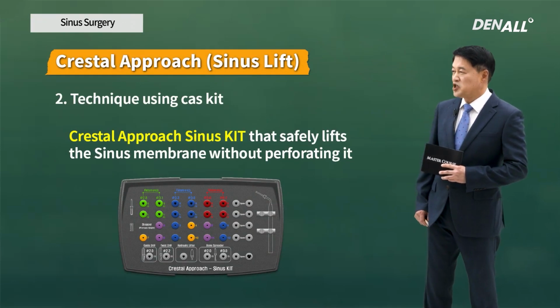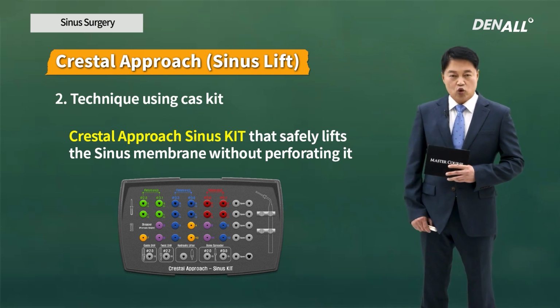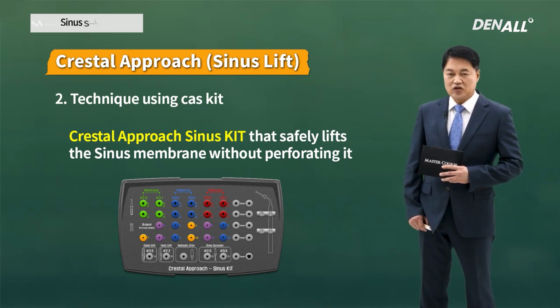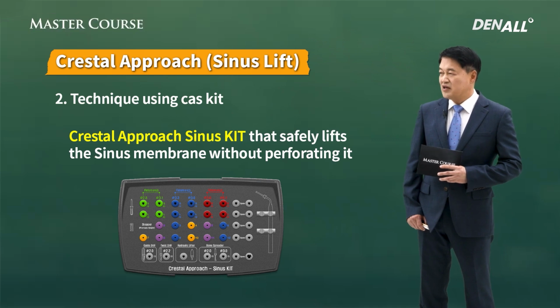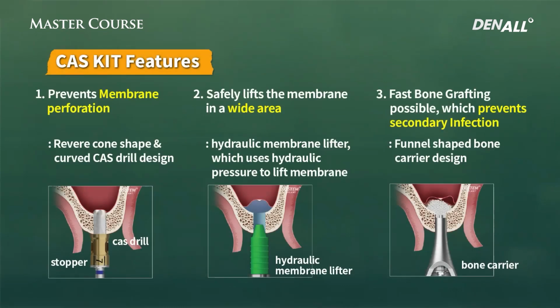Sinus lift, crestal approach. You can use the CAST kit for this. The membrane can be lifted without perforation using this kit. That is the crestal approach sinus kit, CAST kit for short. The features: it prevents membrane perforation, and you can use the drill for drilling. The Schneiderian membrane is lifted safely, and hydraulic membrane lift is used to lift the membrane.